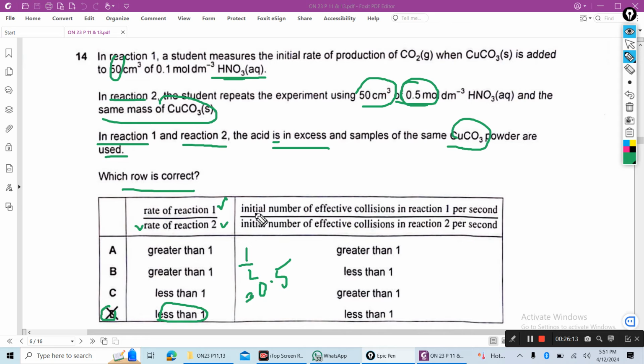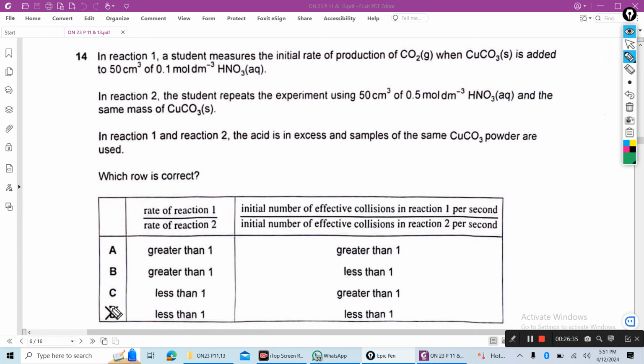Also, considering the initial number of effective collisions in reaction 1, as concentration is more in experiment 2, effective collisions will be more. So if you divide a smaller value by a greater value, you will get less than 1. That's why this is the correct answer.